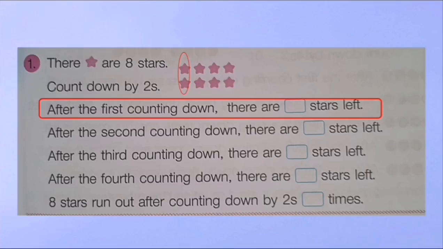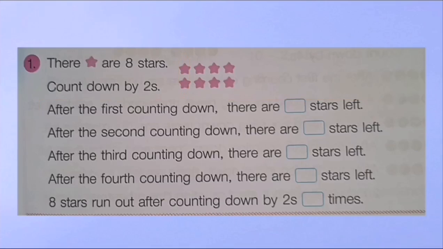Let's read the sentence. After the first counting down, there are blank stars left. So how many are left after we count down by twos? You can see I encircled some of the stars. How many stars did I encircle?